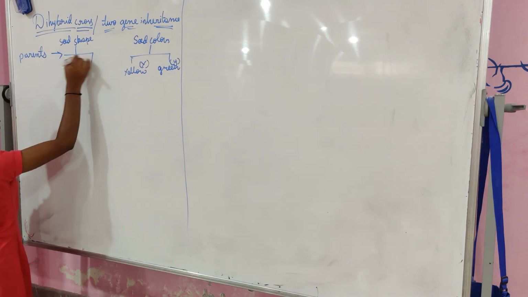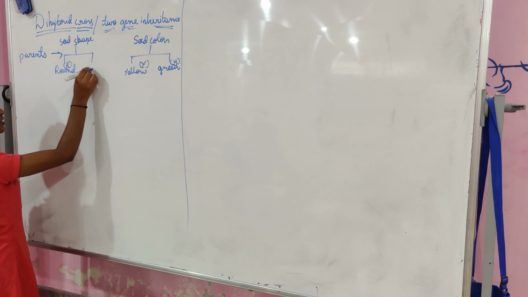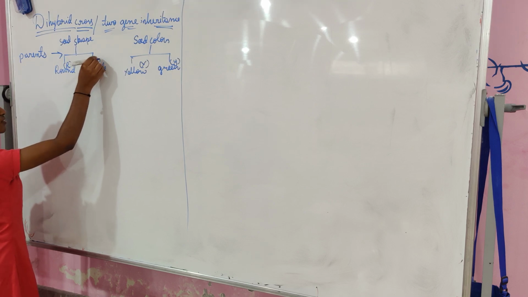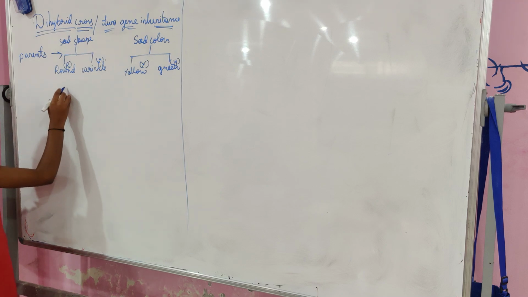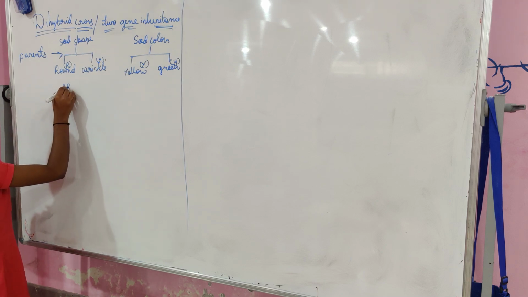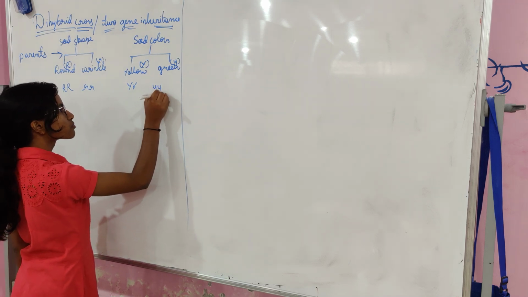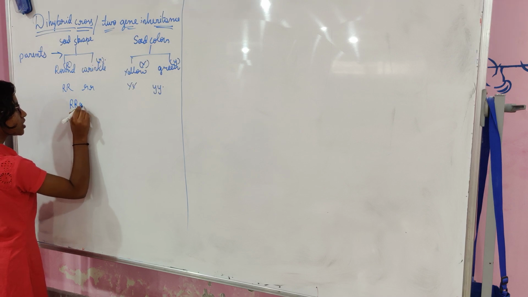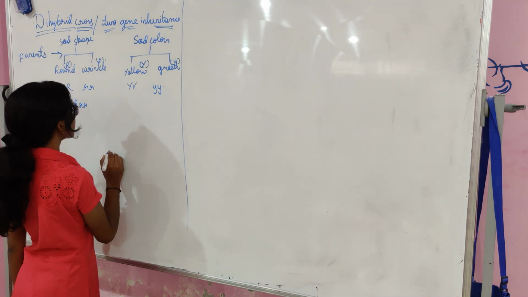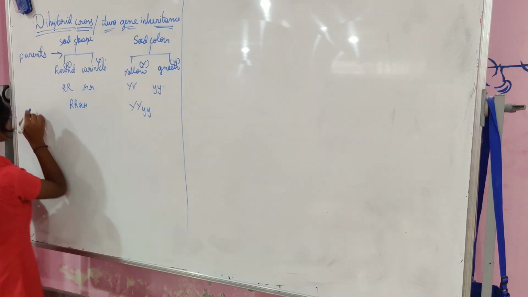And seed shape we have round, capital R, and wrinkled, small r. These were his parents. So his parents were ultimately capital R, small r, capital Y, small y.